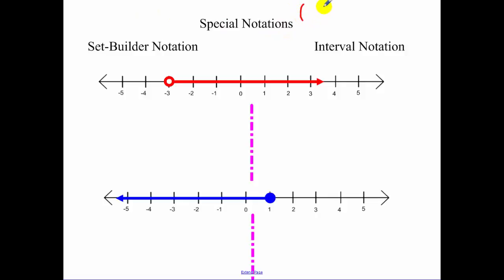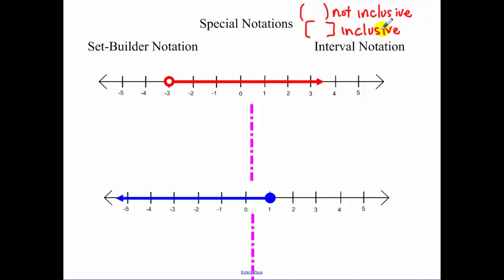When you put a number in parentheses, it means it is not inclusive, meaning I don't count the points that are on those endpoints. When we have it in brackets like that, it means that I do include the endpoints.